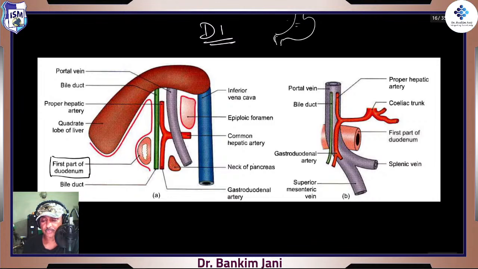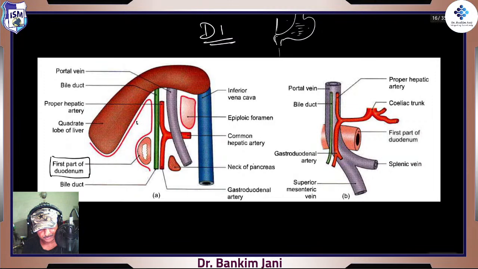So behind the stomach there was the lesser sac, and who was in front? In front, over here with the liver, it was the lesser omentum, and then as it was going down, it was the greater omentum. Excellent. So we won't find the lesser sac over here. That is one. But yes, we definitely see the lesser omentum and the greater omentum.